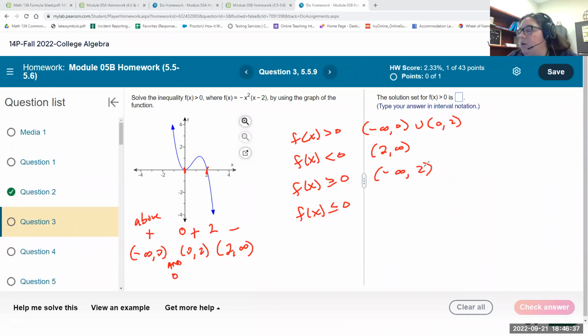For the less than or equal to 0, I include the 0 because there it's equal to 0, but it's now all by itself. I have just this one point where it's equal, and then the 2 to infinity where it's below. So those are all the possibilities you might have when there's an intercept where it actually touches the x-axis. It might be included all by itself as an isolated point.